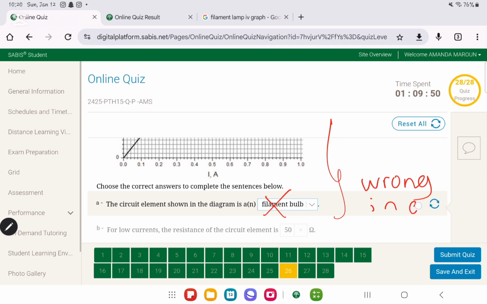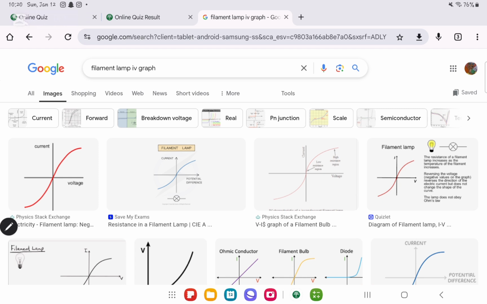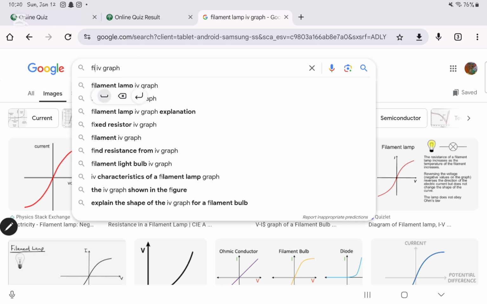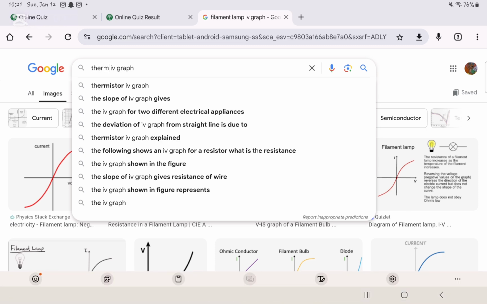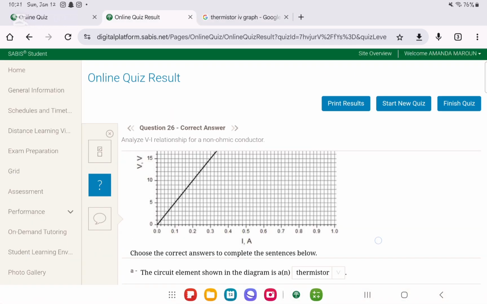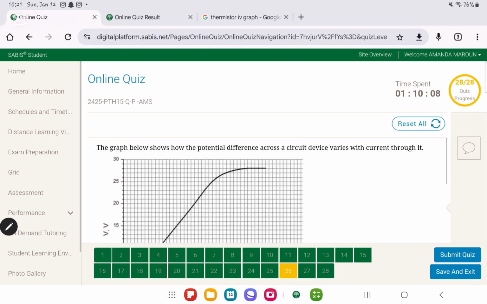This graph is meant for the filament lamp graph because this is what it looks like. Whereas a thermistor IV graph looks like this. So they are mistaken and I am correct.